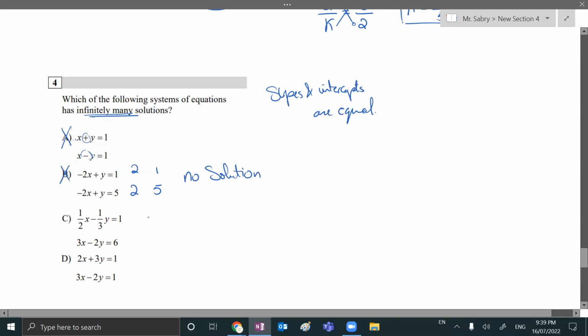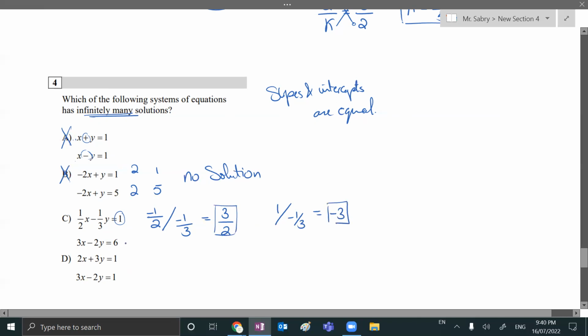Check C. If on a calculator you did -½ divided by -1 over 3, that would get you +3 over 2. And if you checked for the y-intercept, it's 1 over -1 over 3, which is -3. So I have the slope and I have the intercept.